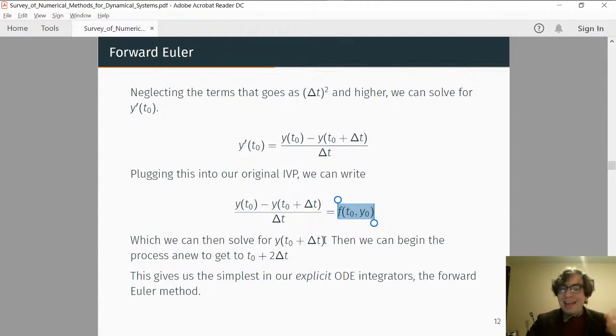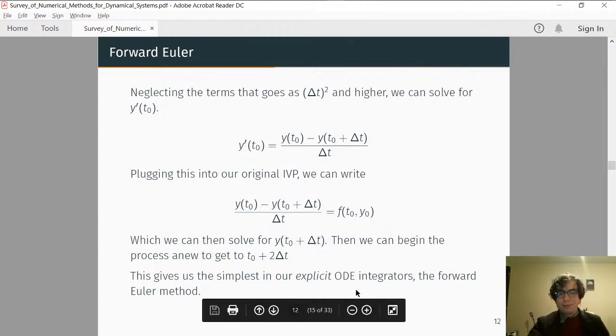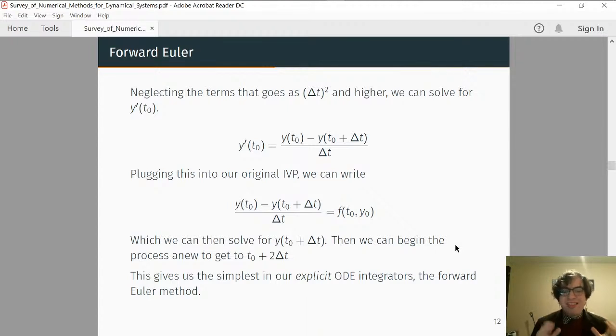Then we can take that as our new position and find the position that's slightly advanced even more, and then advance it even more, just delta t at a time. This was through that Taylor series expansion. This gives us the simplest of our explicit ODE integrators. We call this forward Euler.